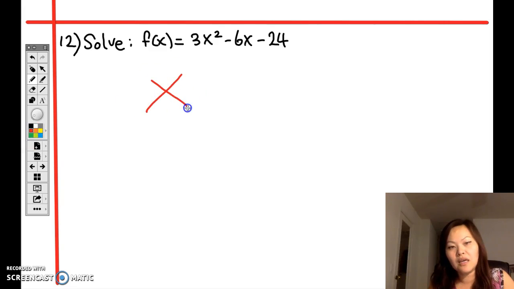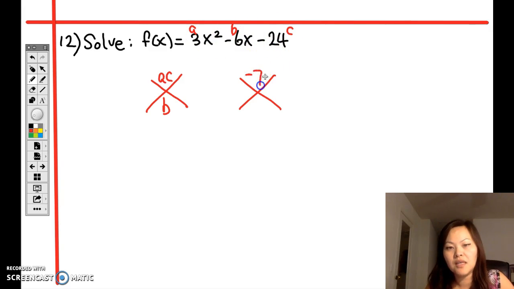So I need to put the big X, the 3 times 24. So A times C goes on top, and then B goes at the bottom. So this is A, this is C, this is B. So 3 times -24 is -72, and B at the bottom is going to be -6. Now you're looking for 2 numbers over here.